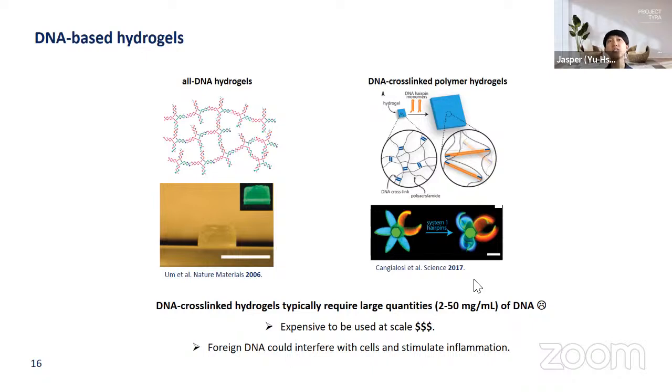This synthetic DNA you buy could be expensive to use at scale if you use a lot. And imagine in cell culture, you want to multiplex this, that would be prohibitively expensive to actually use in translational science. And if you think about it, if you bombard the cells with lots of foreign DNA, it could interfere with the cell and trigger some undesired reactions, like inflammation.